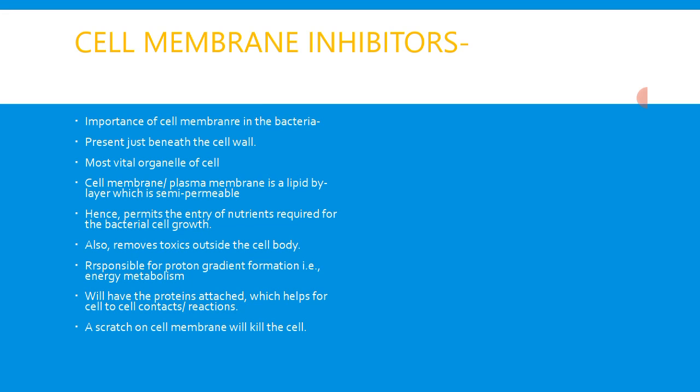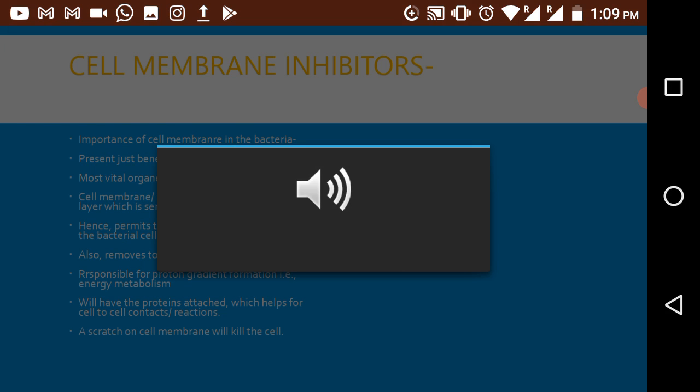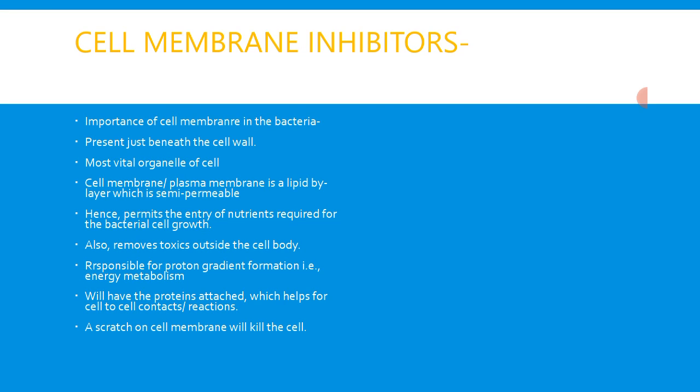Therefore, if a little scratch is made in the cell membrane, then the bacteria will lyse. Okay, that will kill the cell. Now we will study the antimicrobial agents that are doing this job, that is, they are inhibiting the synthesis of the cell membrane or the plasma membrane.